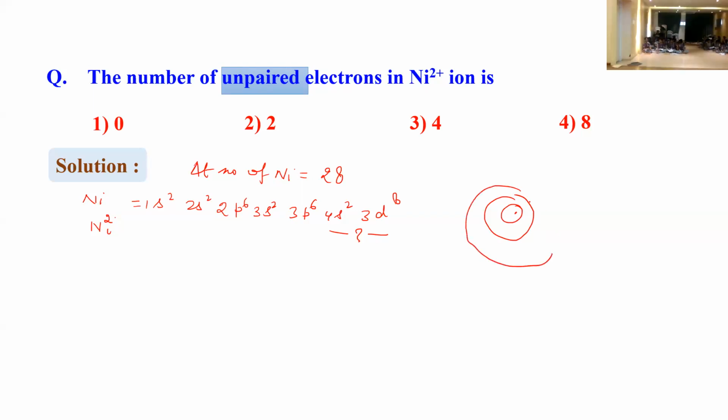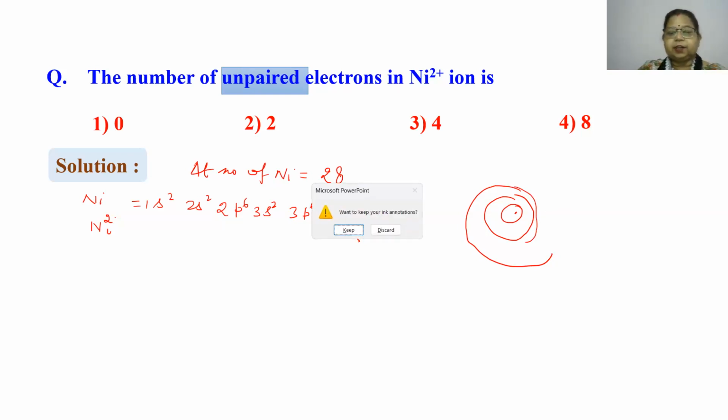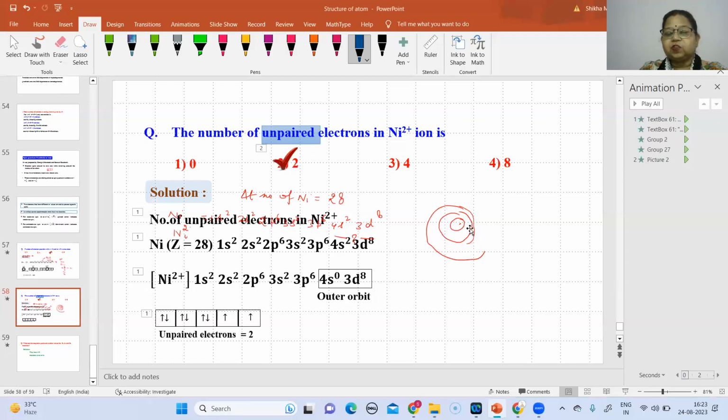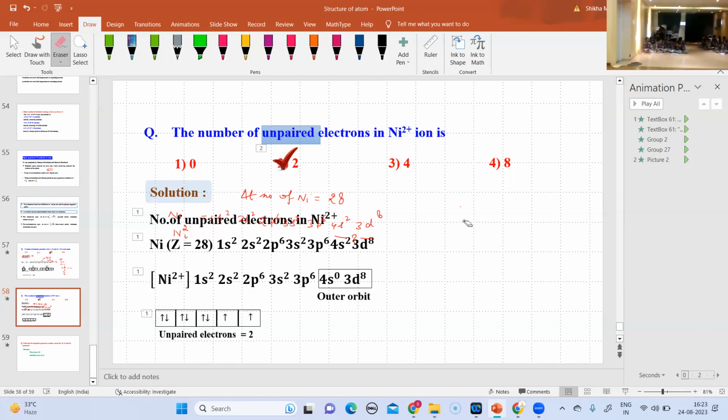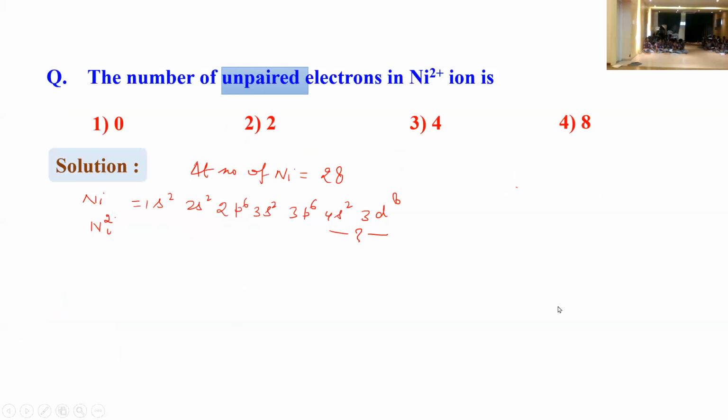I believe all of us agree that it is the valence shell electrons which take part in chemical bonding. What is the valence shell of this particular atom? 4s2, ma'am. Agreed.